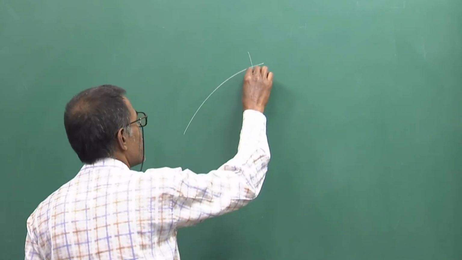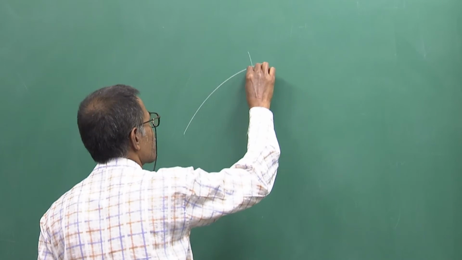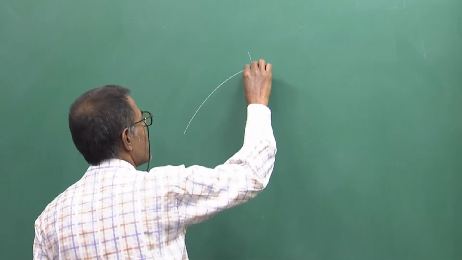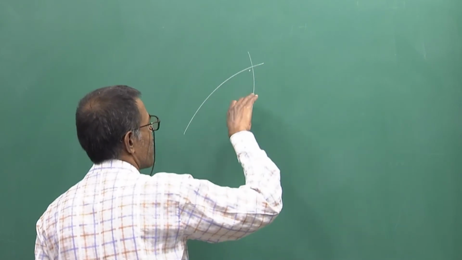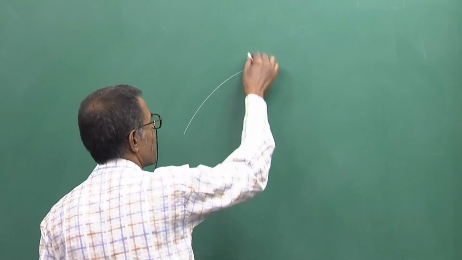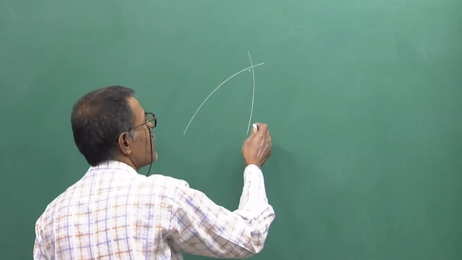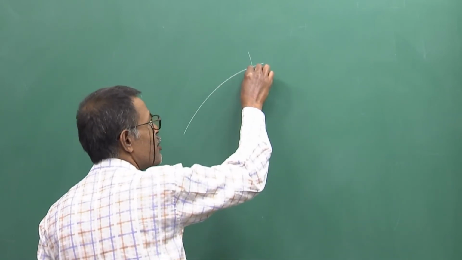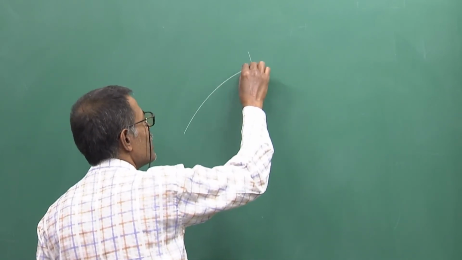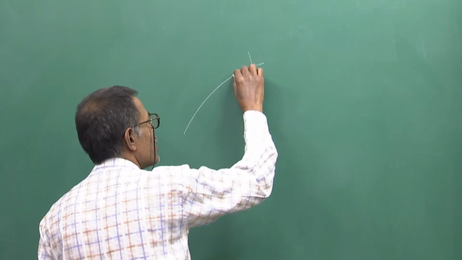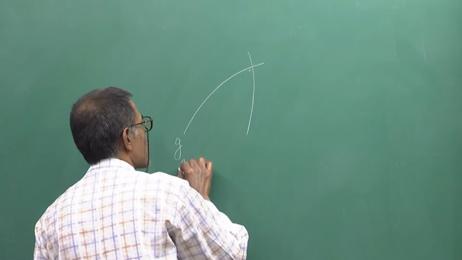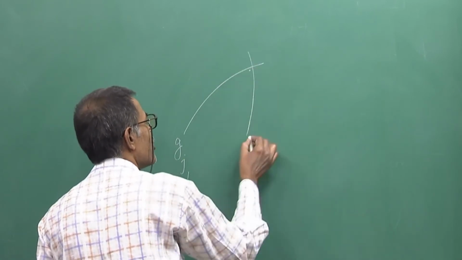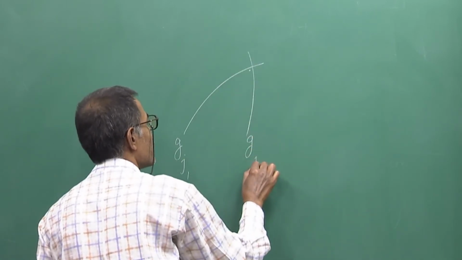So, if you are operating somewhere here, then that means you are within epsilon margin from this constraint as well as this constraint, and from here you want to make a movement which will reduce the value of this g and reduce the value of this g also, hopefully.